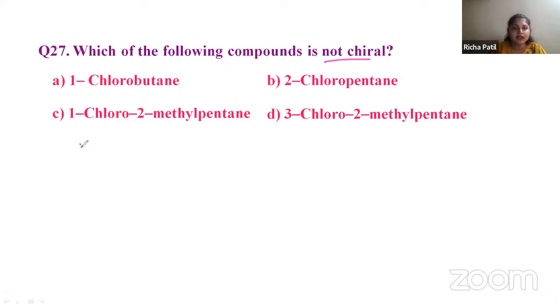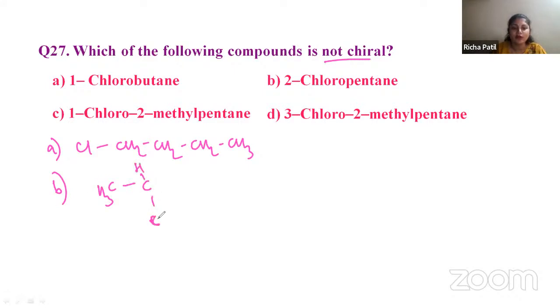So I'll write the structures. You tell me: CH3 CH2 CH2 CH2 CH3. This is your A. Then B, 2-chloropentane, right? CH3, CH, then chloro at the 2 position, so it is 1, 2, 3, 4, 5.